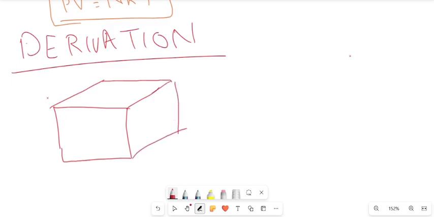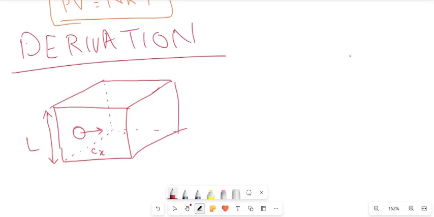And I'm going to assume the length of this cube is L, and there is a particle inside this cube, and it's moving in this direction with the speed of cx. Okay, we're just going to assume that.